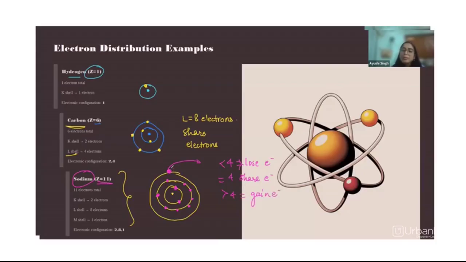Because see, it's easy to lose this one small electron than gaining a lot of 7 electrons, right, from someone. Okay, you can ask somebody for a small amount of money, but asking too big would be difficult, right? So this is the case here. And in this case, suppose if it is more than 4, then you can't lose it.